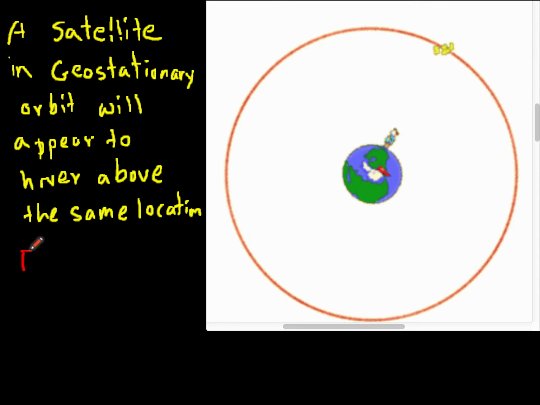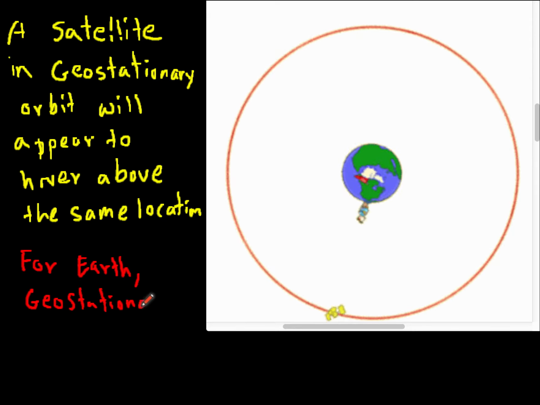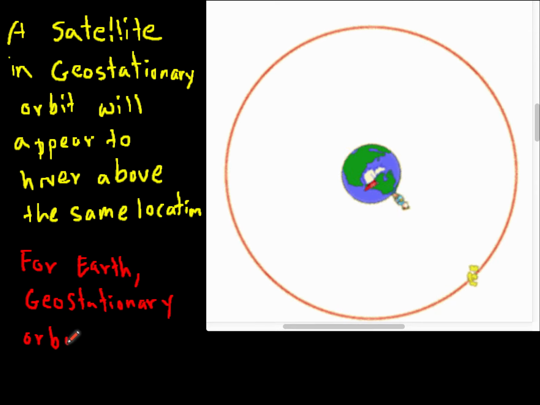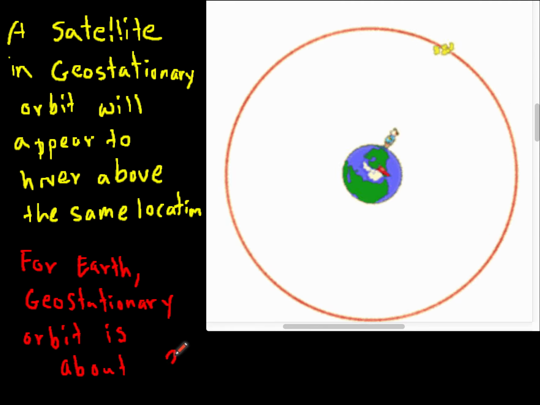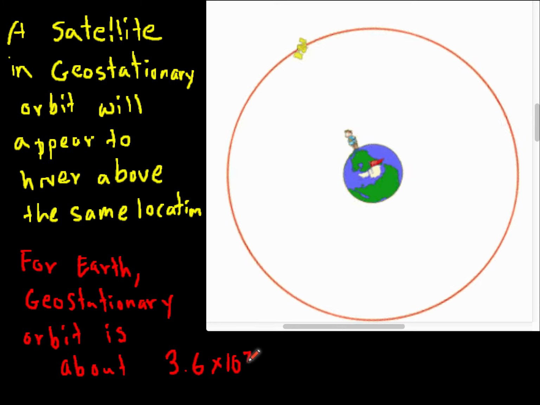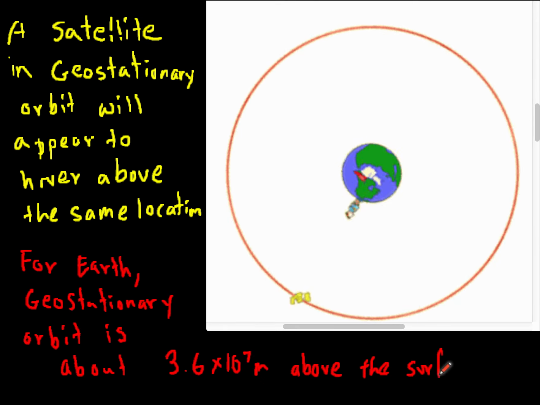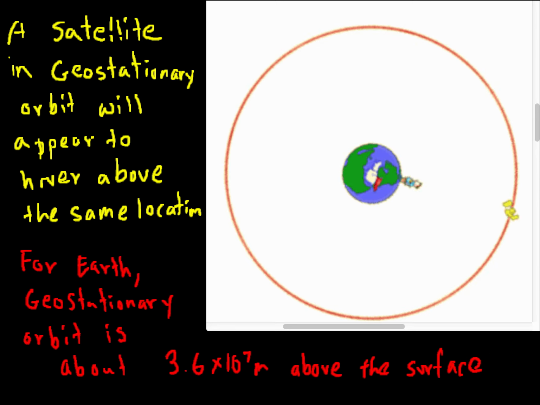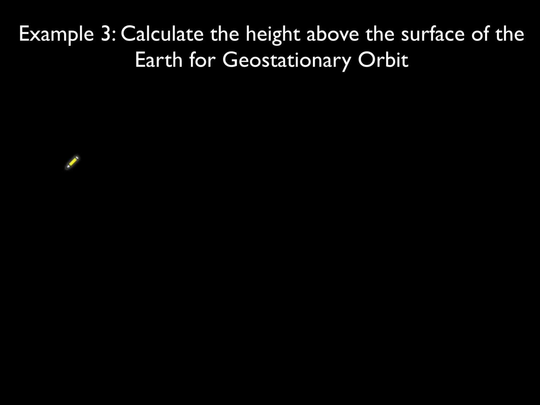For Earth, geostationary orbit is about 3.6 times 10 to the 7 meters above the surface of the Earth. Again, be careful with your r values. The r values for the formula are always to the center of the object, although we often speak to each other as if we're speaking from the surface's perspective. For this example, I'm going to show you how to calculate the height above the Earth for geostationary orbit.